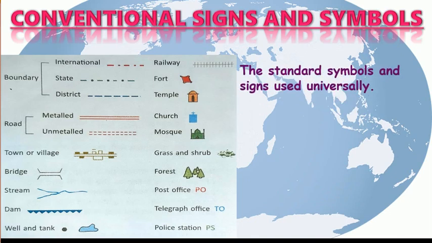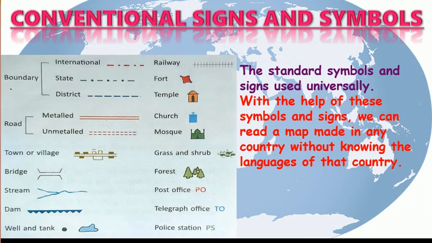These are standard symbols. These standard symbols and signs are used universally. With the help of these symbols and signs, we can read a map made in any country without knowing the languages of that country.